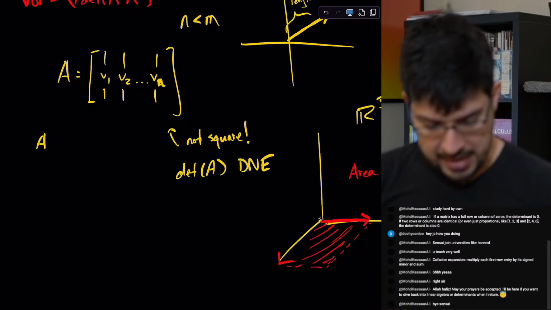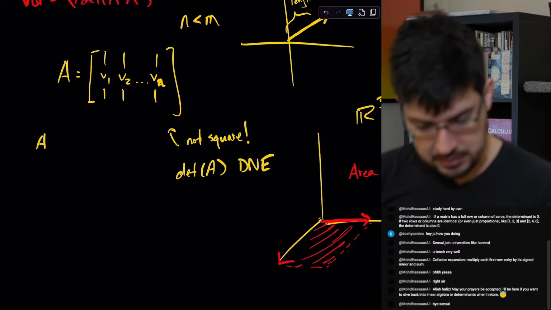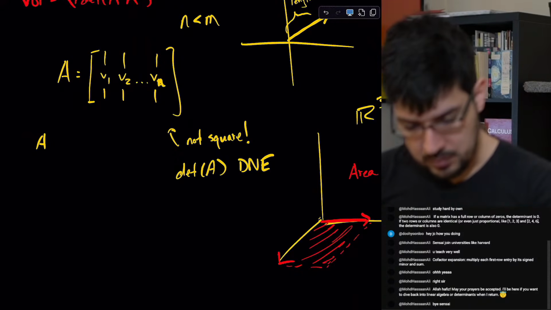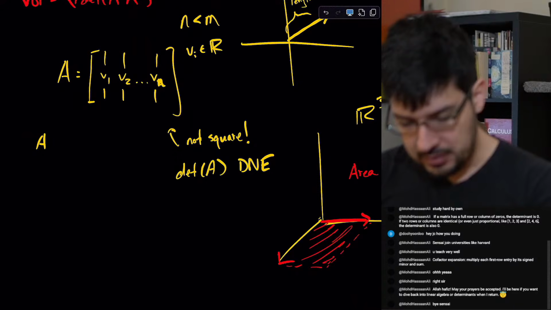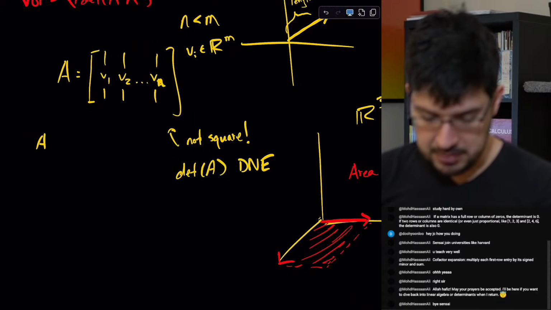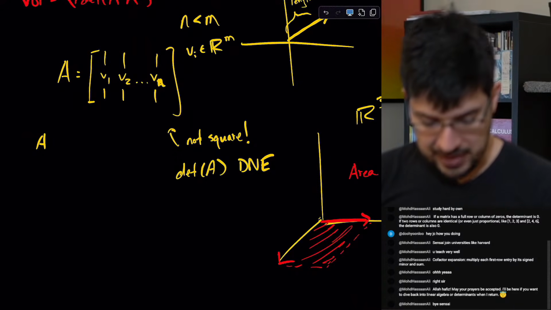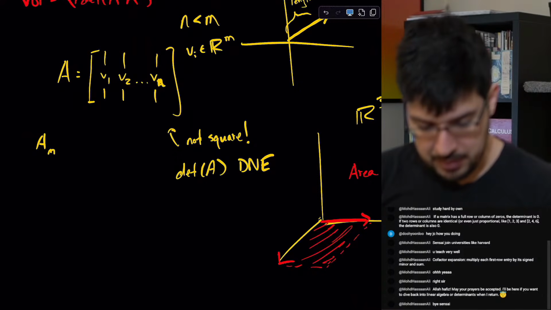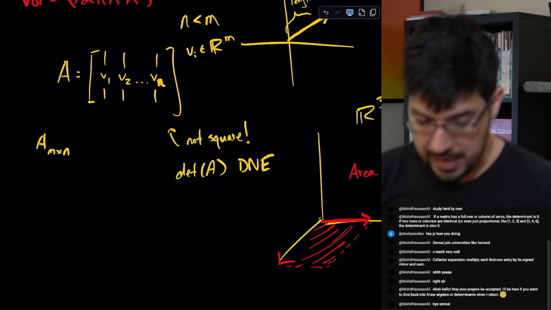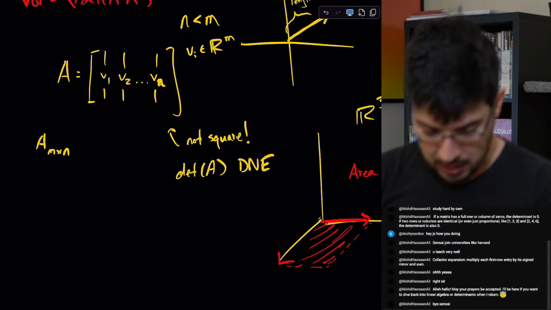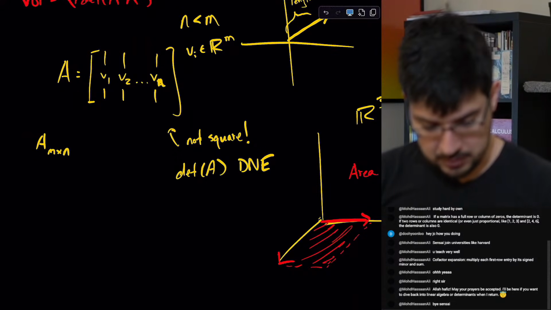So each of these Vi is in m-dimensional space. Each of those vectors is m-dimensional, so A is an m by n matrix, m rows and n columns, right?